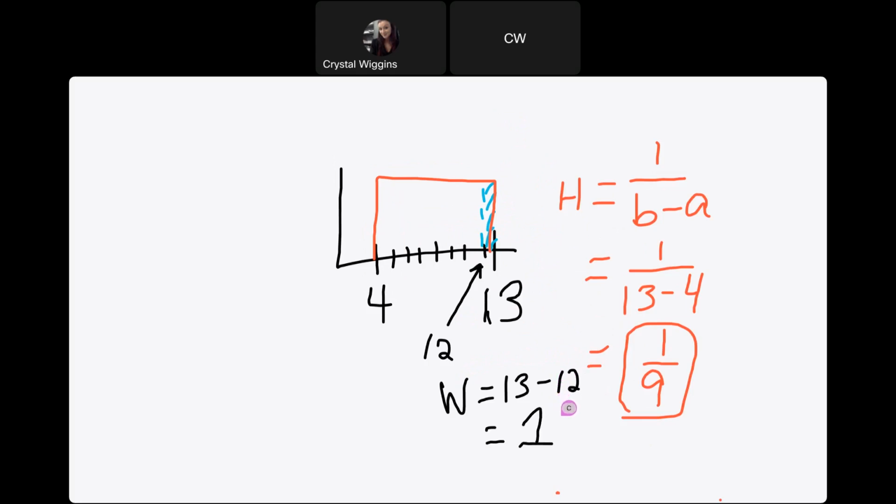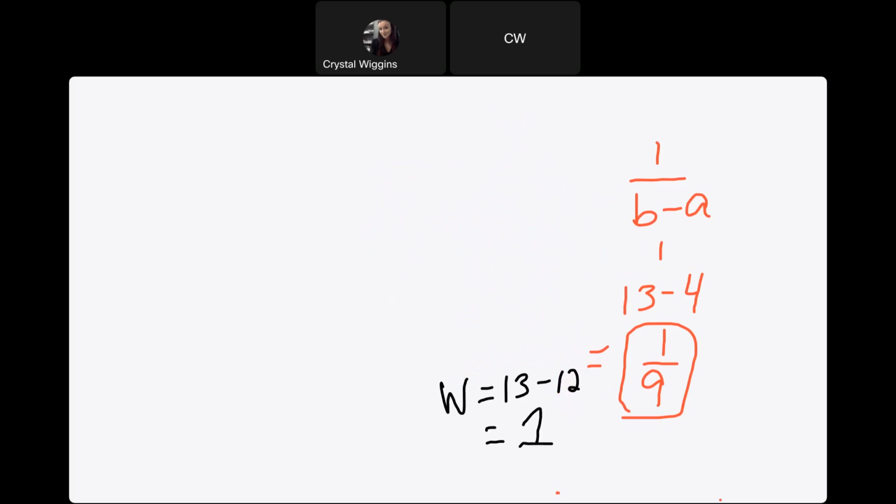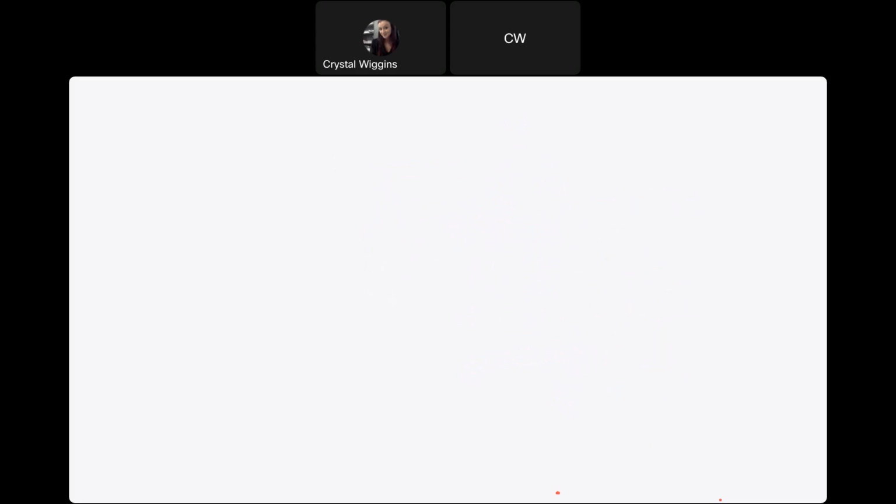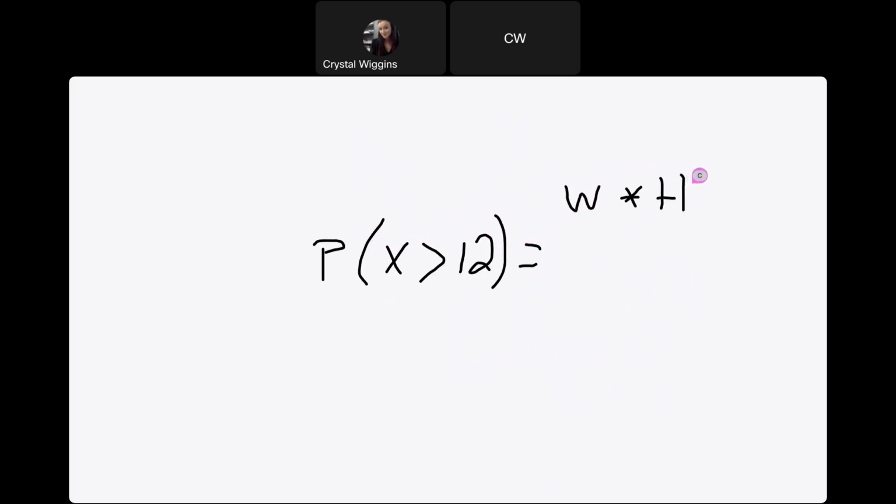Now, if I want to calculate the probability, clear this out. So if I want to calculate the probability that a random cedar tree grows more than 12 inches, it is going to be our width times height. And again, this only works for a uniform distribution.